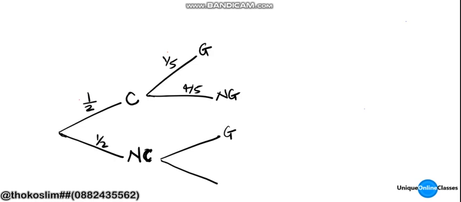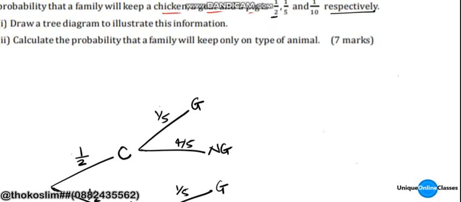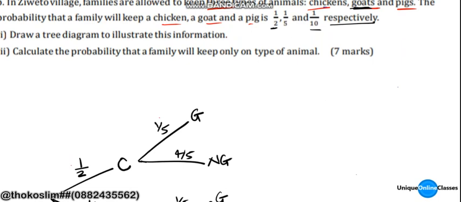So we have goats and no goat. We are going to repeat the same steps, 1/5 and 4/5. And then we have the branching for pigs and no pigs.